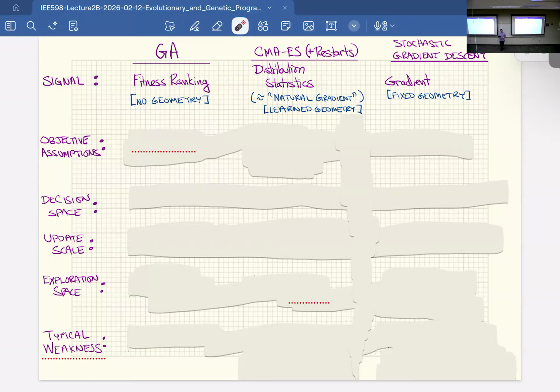Now that I've stepped over here, the fitness has got a little bit higher. But I noticed that this movement had a huge difference in fitness, but slight variations perpendicular to that did not. And so over time, you build a model of the underlying information geometry. And that information geometry drives your future sampling. So you're learning the geometry and then using the geometry to make your sampling more efficient in the future. So it is a learned geometry. And as we're going to see, it's very costly to learn that geometry.